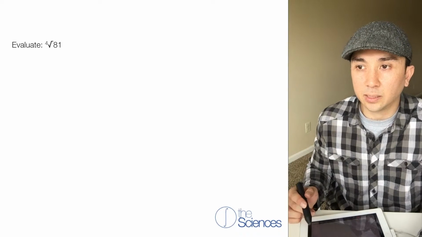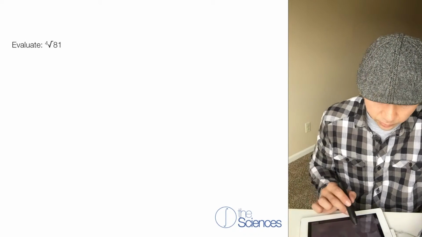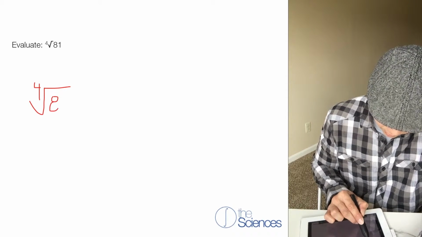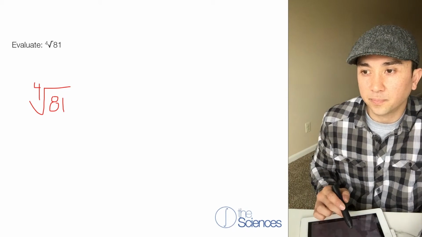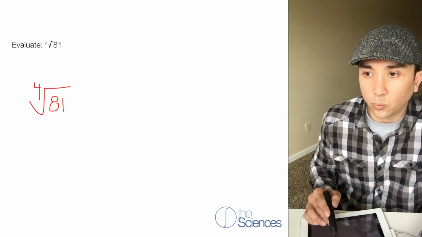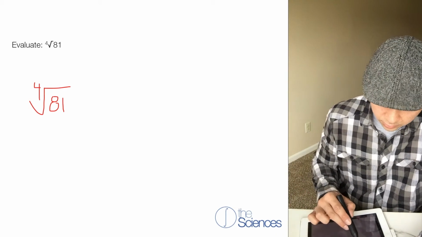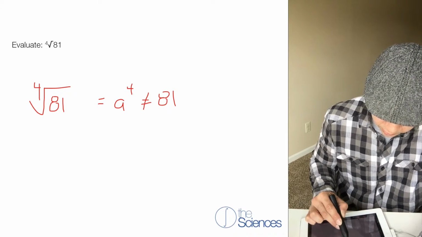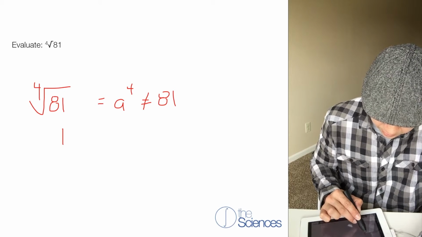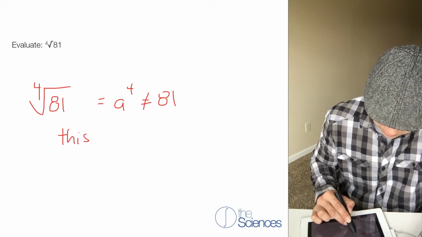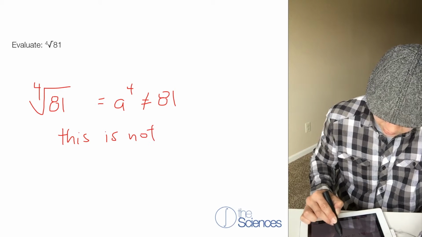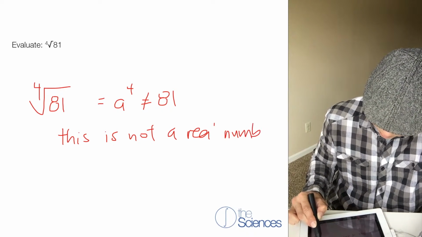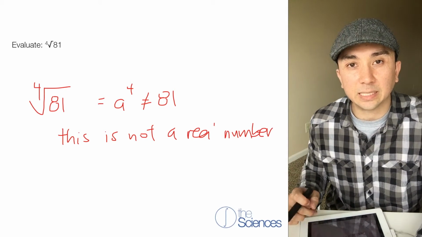Now let's evaluate the fourth root of 81. Well, there is no number that when taken to the fourth power equals 81, so that means that this is not a real number, because it does not exist.